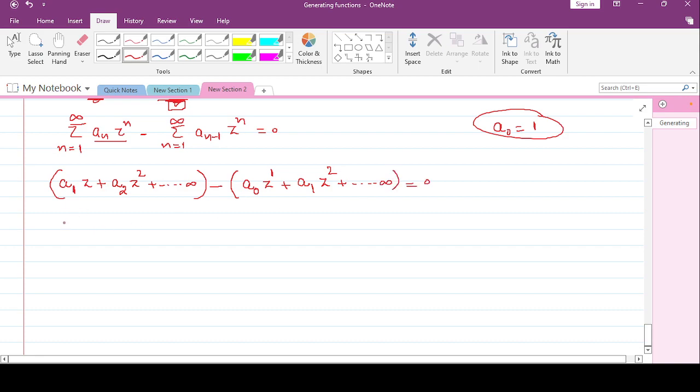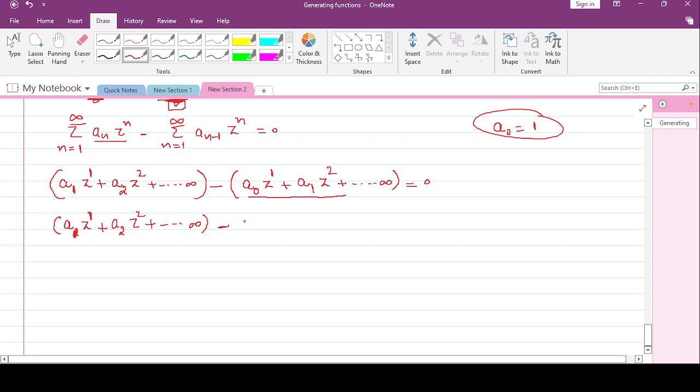Now you see that the first part is a completely balanced expression, because with a_1 we want z raised to the power 1, with a_2 we want z raised to the power 2. But the second part is not balanced, because with a_0 we only want z, we do not want z squared.